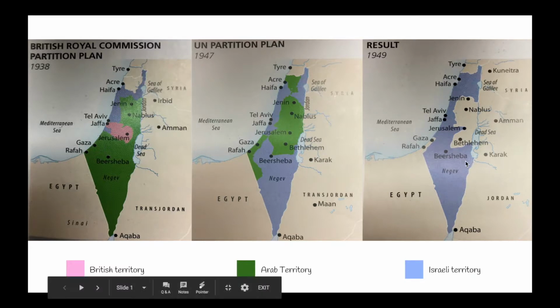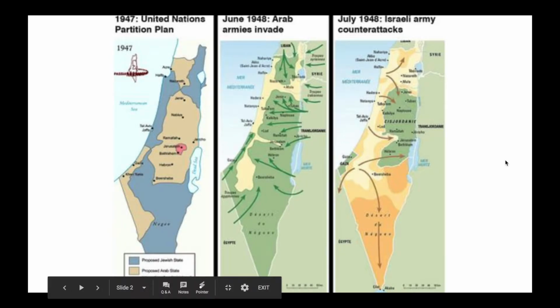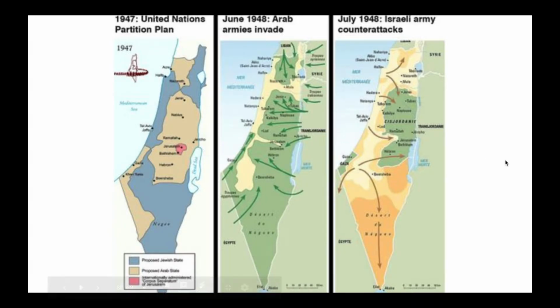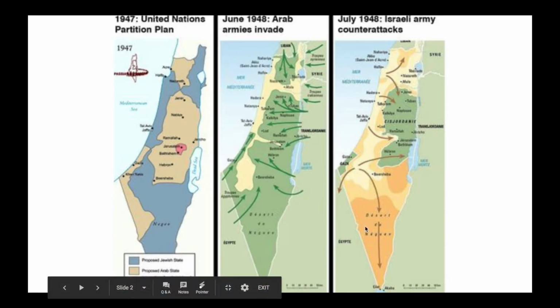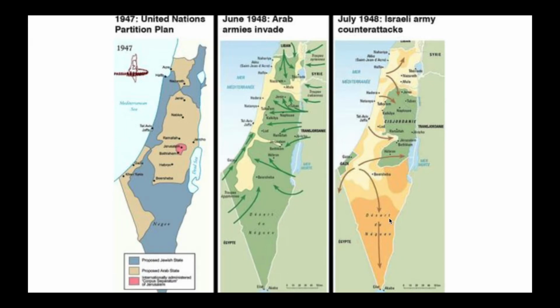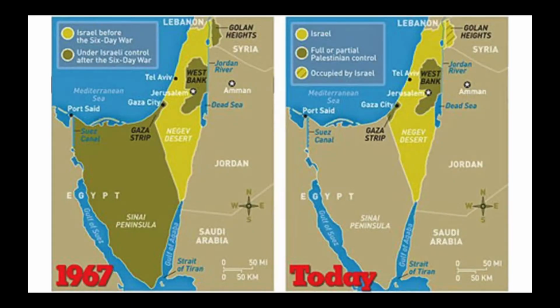Let's take a look at this in more detail. These 3 maps show how land was conquered and then lost by the Arabs during the war. The green here in the middle map shows the land that they conquered, while the orange on the rightmost map shows the land that Israeli forces were able to gain back. Today's borders are slightly different from those after the War of 1948 and resulted from another war, the War of 1967 or the 6 Days War.